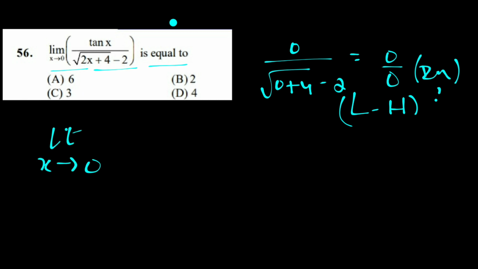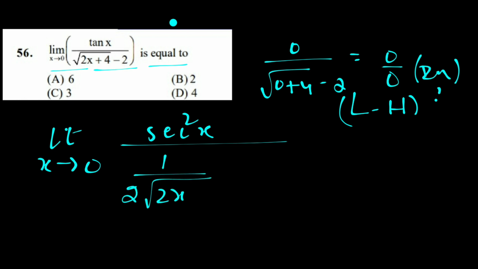Limit x tends to 0, the derivative of tan x is secant square x, divided by the derivative of the root, which is 1 by 2 root 2x plus 4, and again the derivative of 2x plus 4 is 2 minus 0. So now we simplify and cancel.